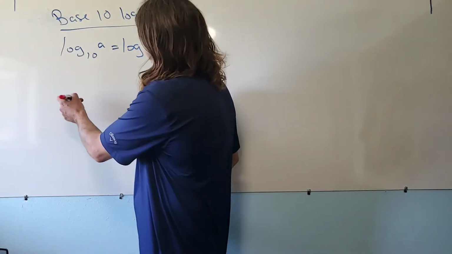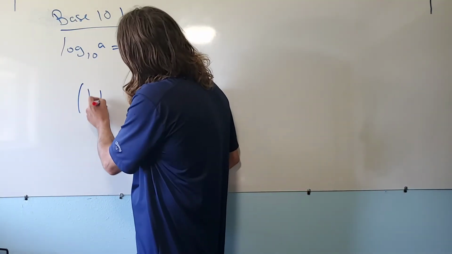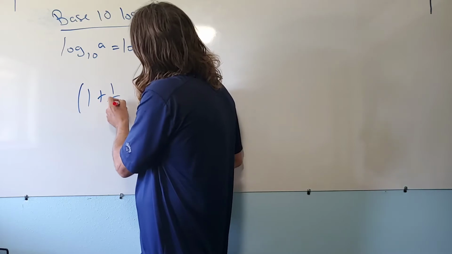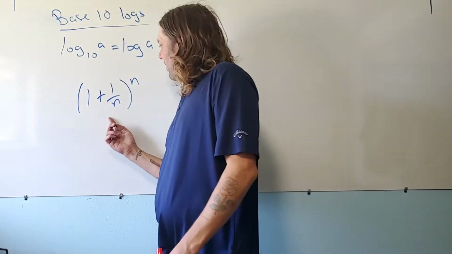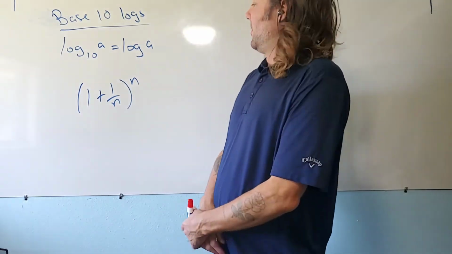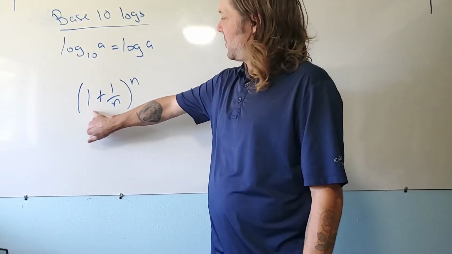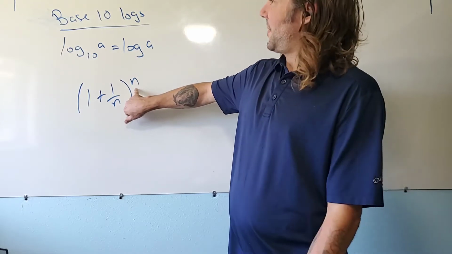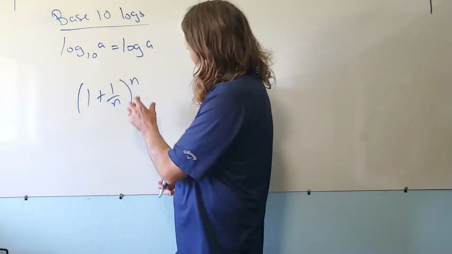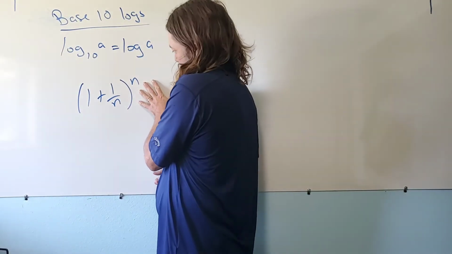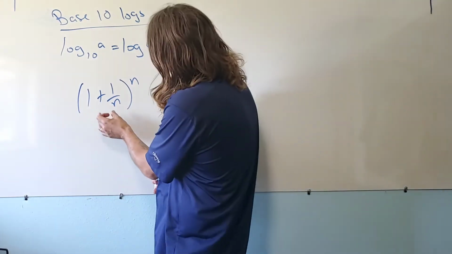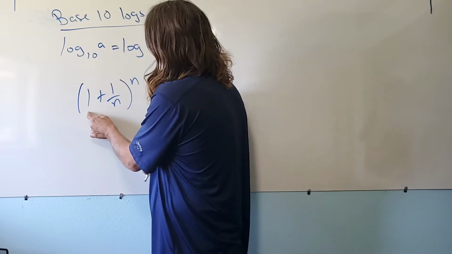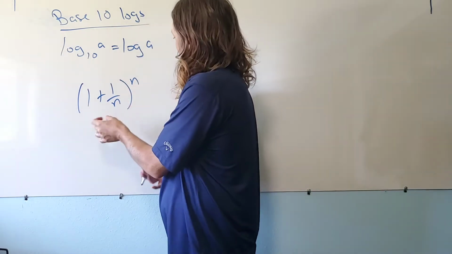If you take the idea 1 plus 1 over n, and you raise it to the nth power, and you keep making n larger and larger. As the power gets larger, the fraction gets smaller, so you're adding a very small number to 1.